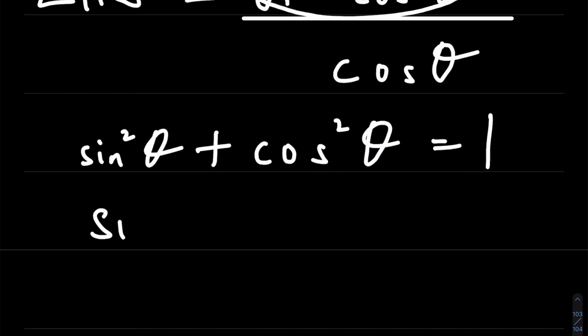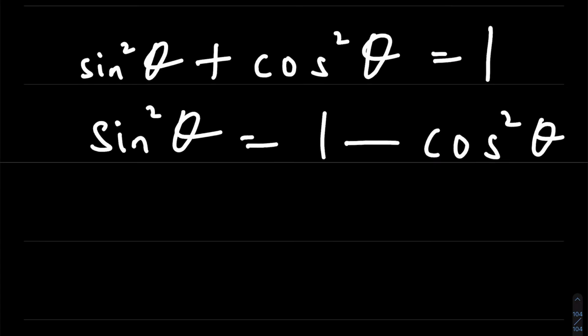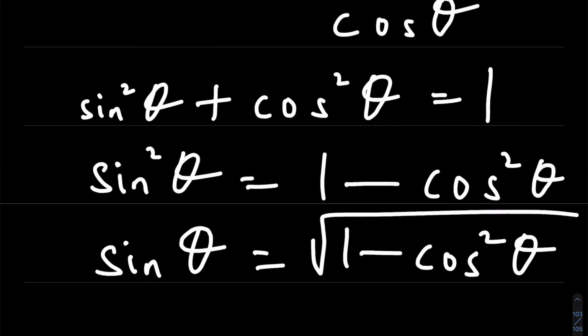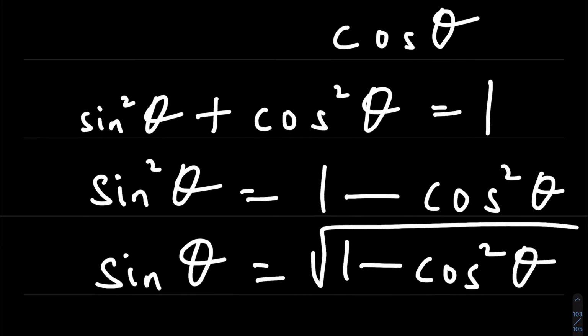That simply means sine squared theta is equal to 1 minus cos squared theta, which means sine theta is therefore the square root of 1 minus cos squared theta. So instead of writing the square root of 1 minus cos squared theta, I'm going to write sine theta.